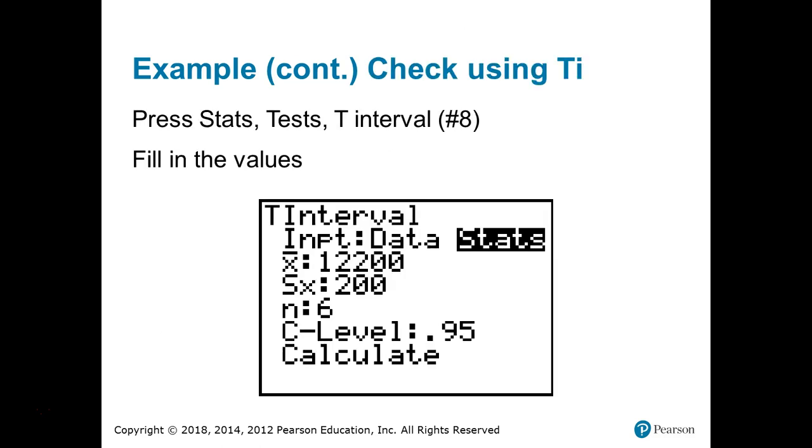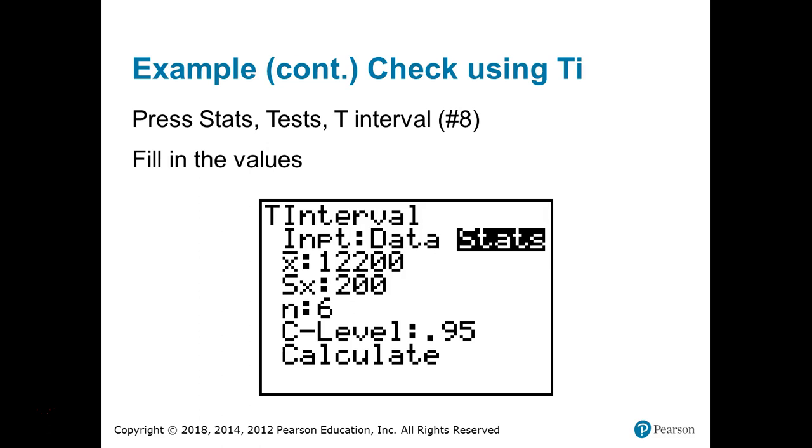Now checking using the TI. On your calculator, press STAT, go over to TESTS, and then keep going down, and number 8 is going to be your TInterval. Fill in the values.